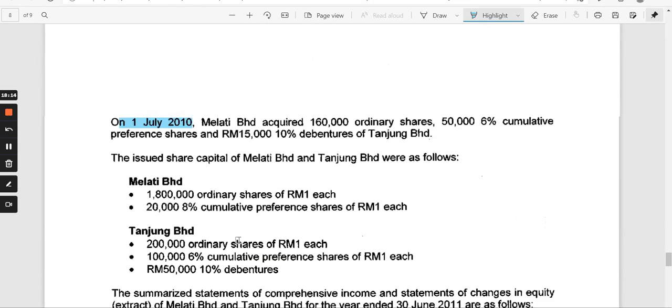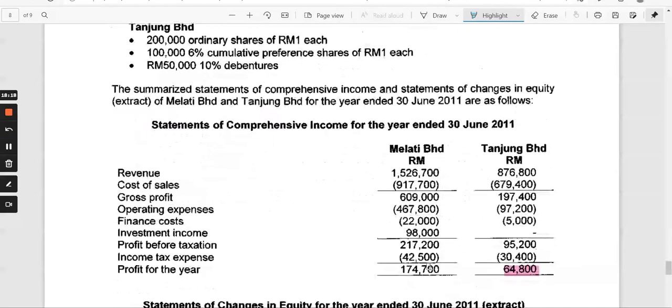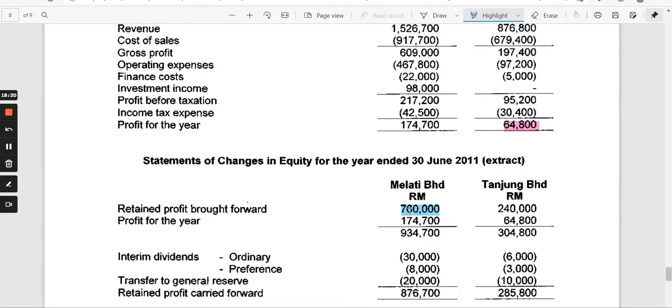And you are not informed what was the retained profit, right? So somehow you should be able to understand that this is the one available on 1st of July. Because retained profit brought forward here is 1st of July, since the year end was 30th of June. So this is the retained profit brought forward that is available on 1st of July.